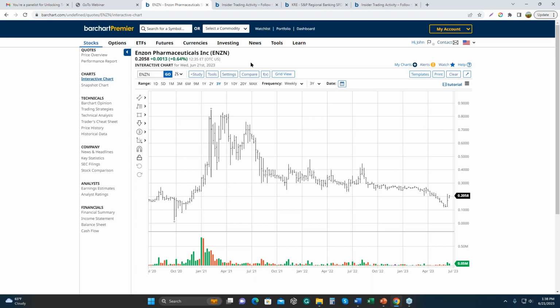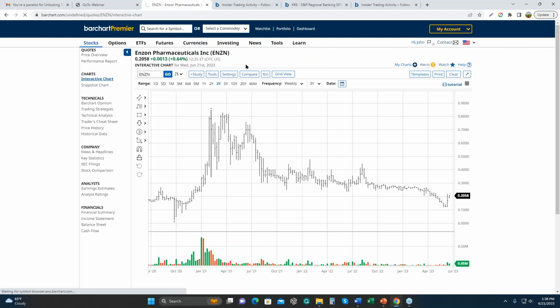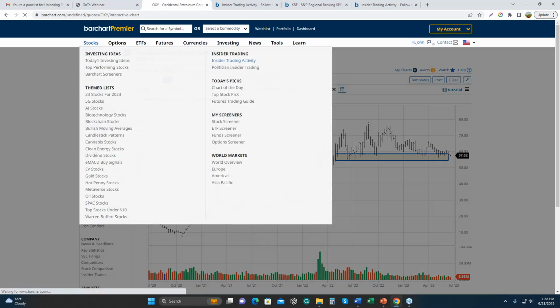All right, so we've looked at a lot of selling. Let's look at some buying trades or actionable trades. So one of the ones that has been in the news of recent, and actually let's go back to our investment page.